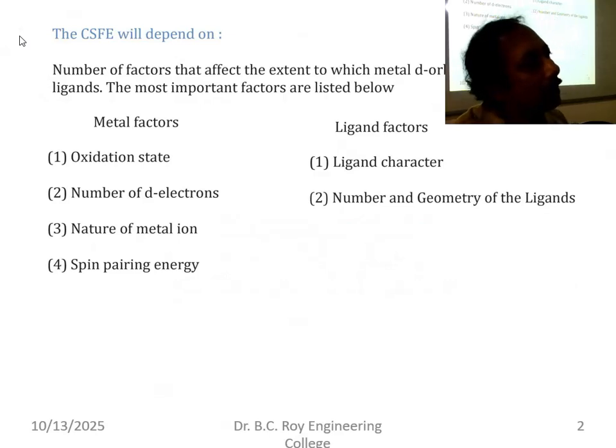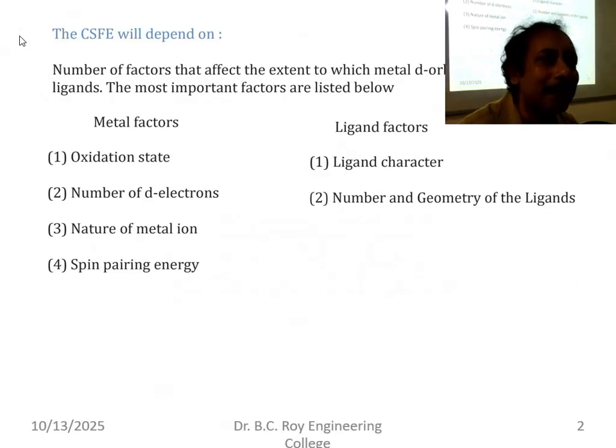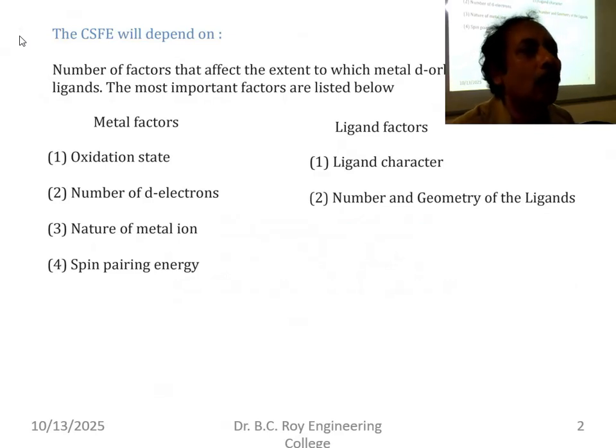That is the difference between primary and derived. dxy, dyz, dzx lie along the plane, whereas dx square minus y square and dz square lie along the axis. Not only is their nature different, their orientation in space is different too.